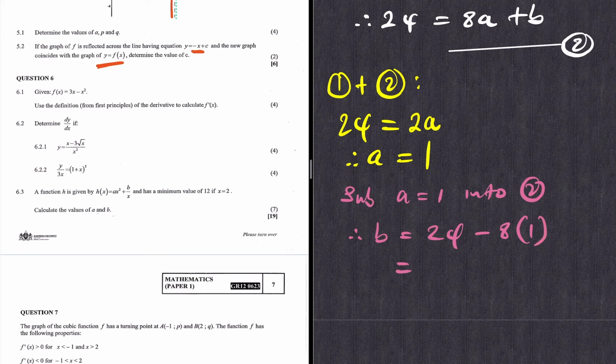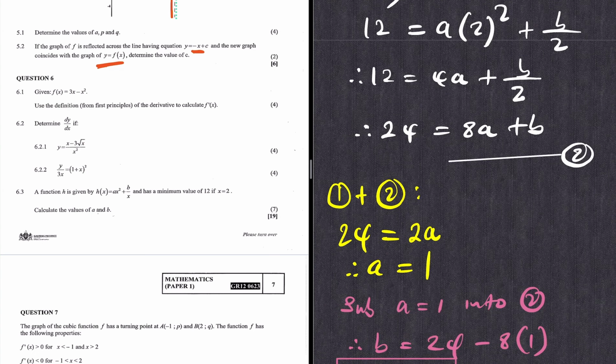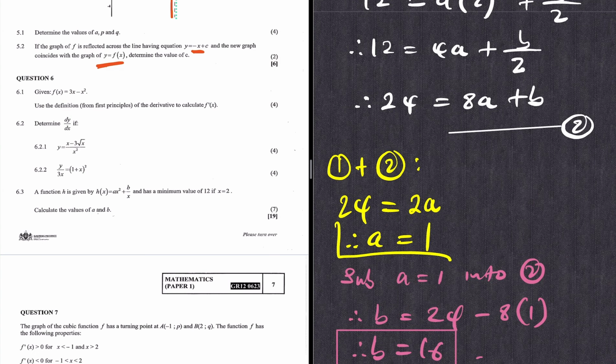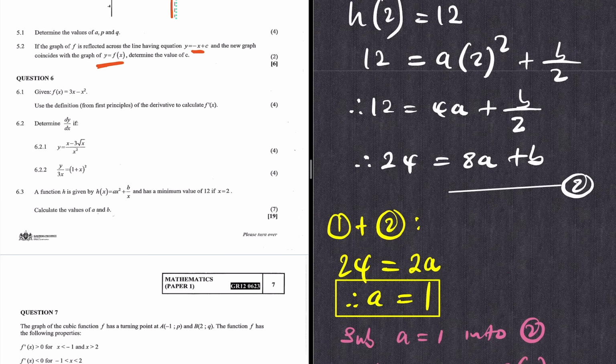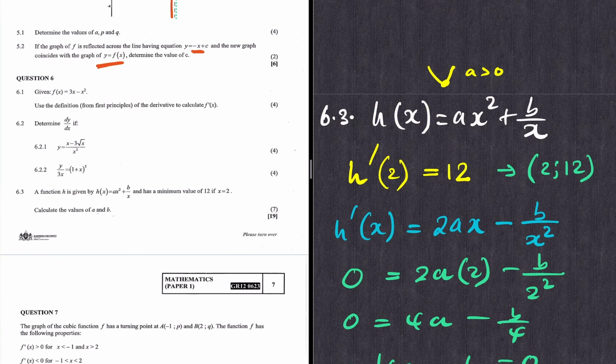Be very careful: 24 minus 8 is 16. So the value of b is 16, and the value of a is 1. That's how you should have solved this particular question.